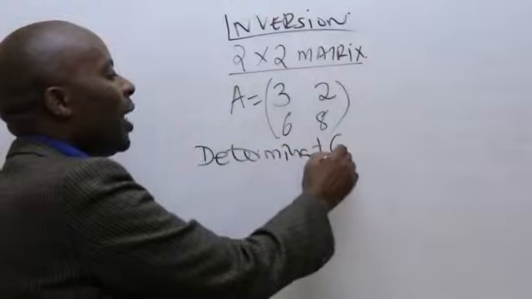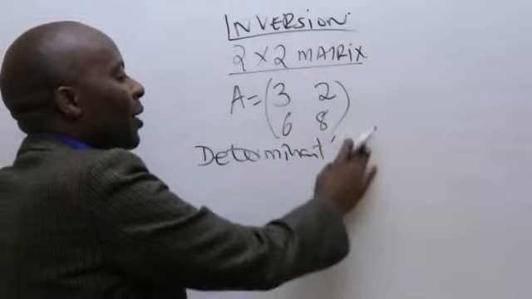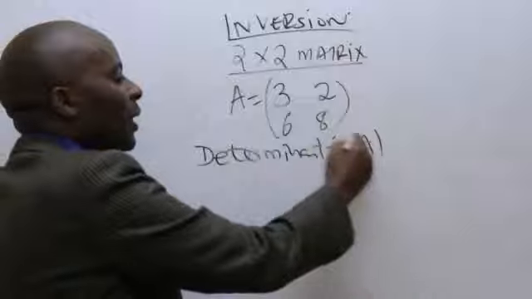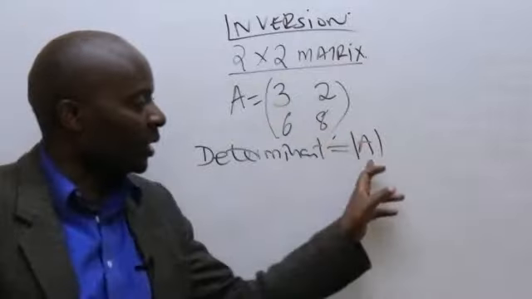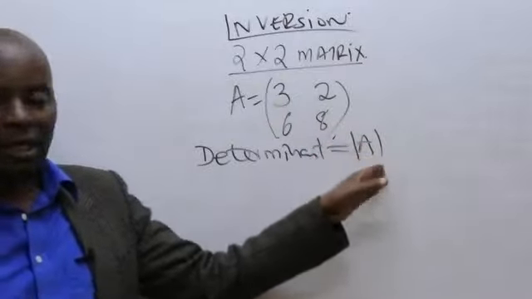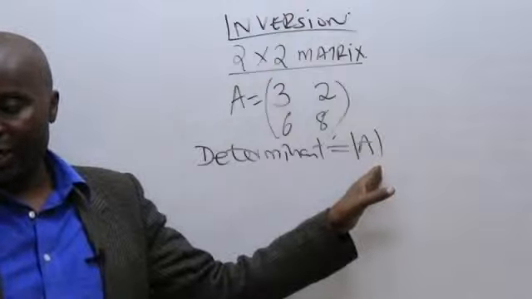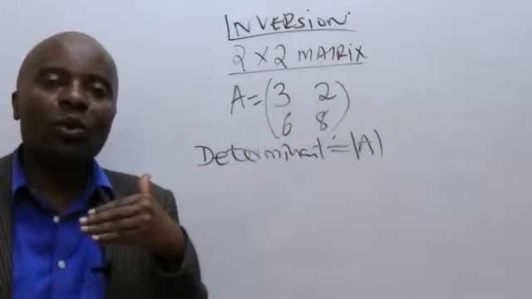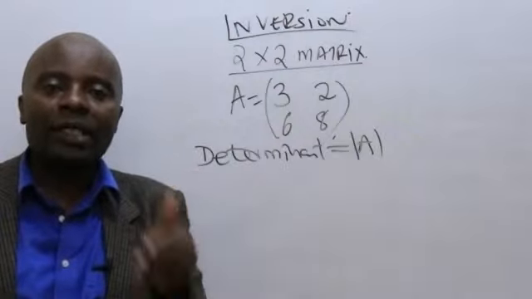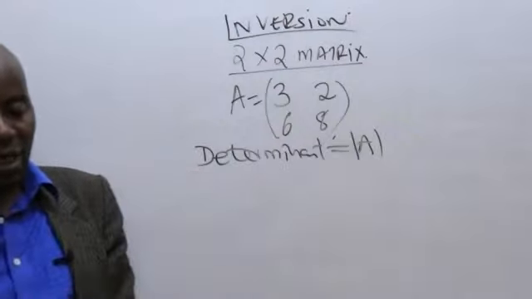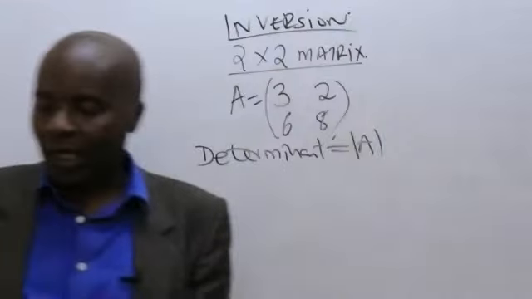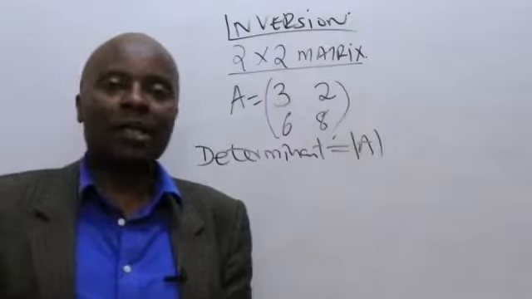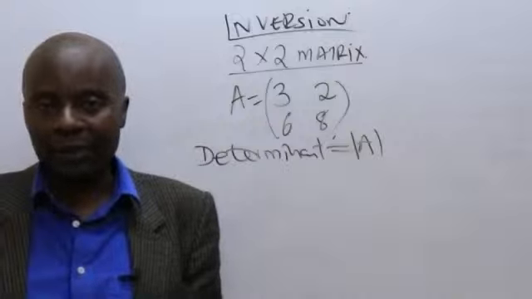Remember that our determinant is normally symbolized like that, A with these 2 parallel lines. Who can remind Mwalimu the formula of getting the determinant?